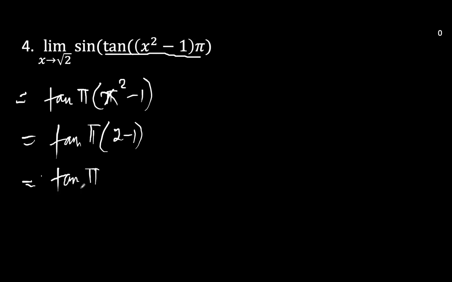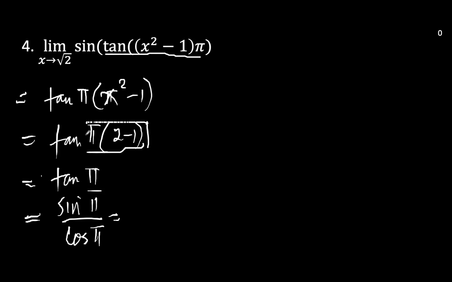And we know that tangent pi is equal to sine pi over cosine pi. And we know that this expression will not result in undefined or indeterminate form. So how? Let's try it. Sine pi is equal to 0, and cosine pi is equal to -1, which results to 0.